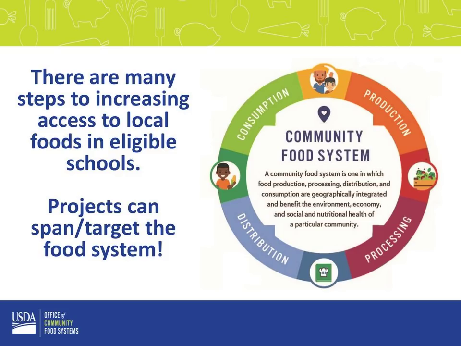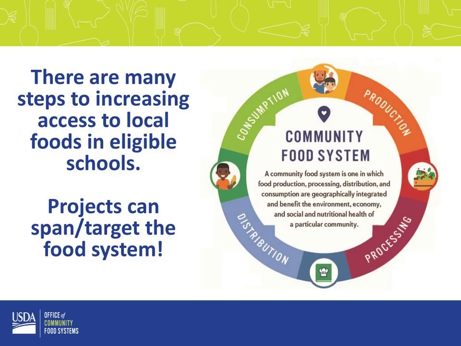So one way to think about it when you're trying to figure out how to come up with a project is that the best projects solve problems. They solve a challenge. So a way to identify what challenges could exist in your community or among your target audience is to think about the food system. And the food system has many parts to it, which you can see on the screen here. Production, which involves our agricultural producers. Processing, which could involve distributors.